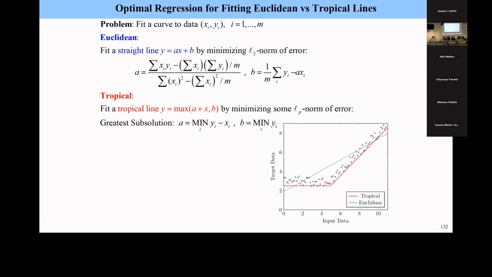If we use the mean square error, then of course the optimal solution is a straight line y = ax + b that minimizes the L2 norm of the error. And we can find precisely the parameters of this Euclidean optimal regression line, the slope a and the intercept b. What if our data are not clustered along a line?